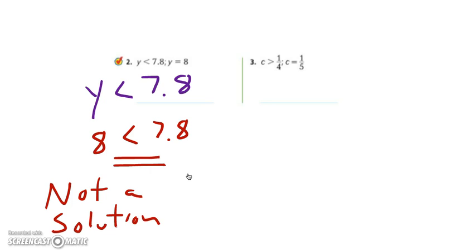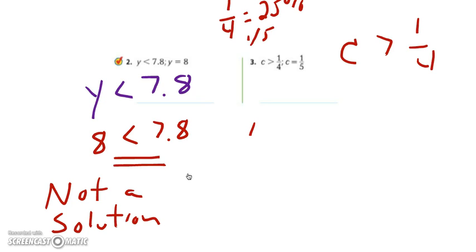In this example, we have c is greater than 1/4, and we're going to determine if that's correct when the value of c is 1/5. So we have 1/4 and 1/5. It's hard to compare these since they have different denominators, so I could write common denominators. I could also think of 1/4 as 25% and 1/5 as 20%.